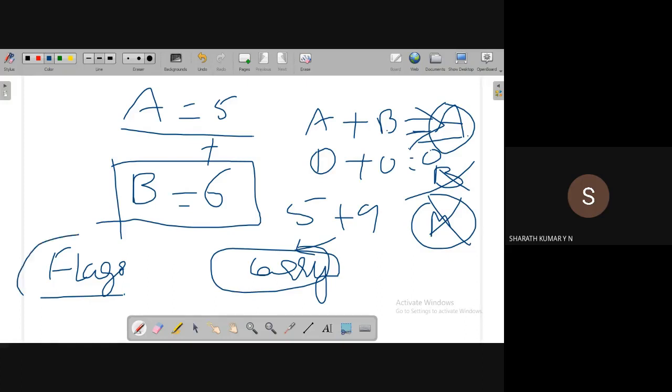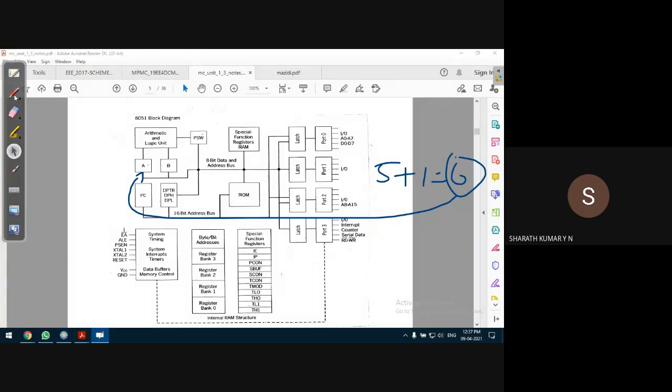Those flag bits or flag locations are stored in an 8-bit register called PSW, which stands for Program Status Word.